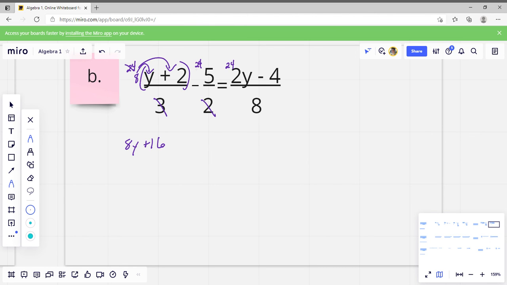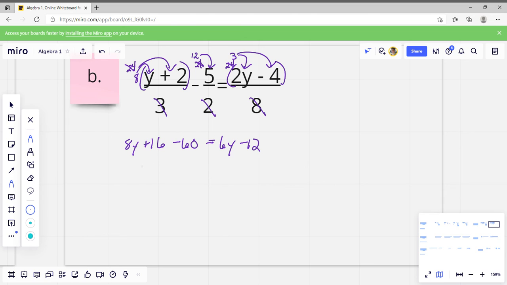Right here we're going to say 2 times 12 is 24. And then we need to do 12 times 5, which would be negative 60. And then 8 times 3. And we're going to rainbow that. 3 times 2y would be, 3 times 2 is 6y. And then 3 times 4 would be 12.